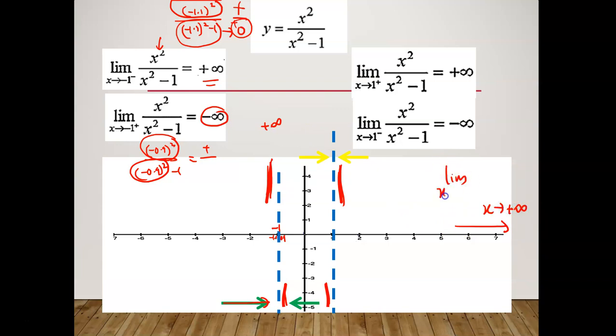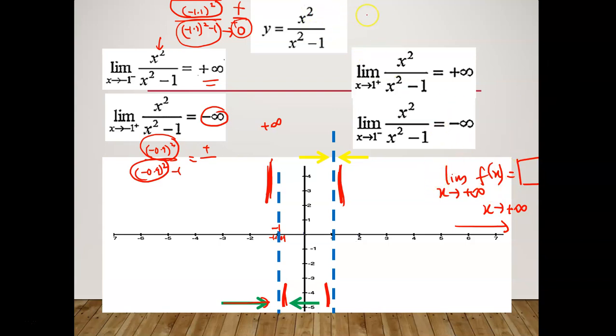You have to find the limit as x approaches positive infinity of f(x). We have to apply the method from finding limits at infinity.